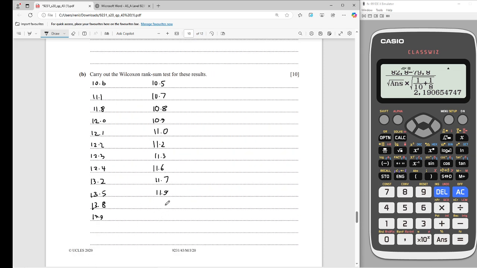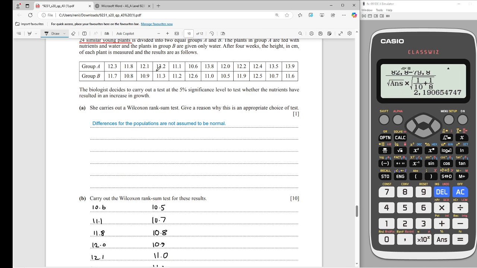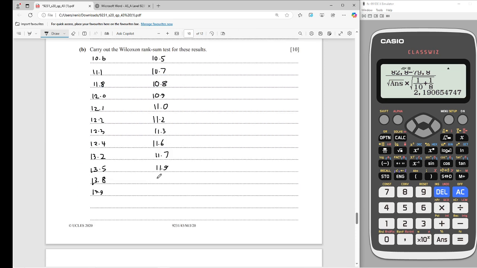So that means that we should have two more values remaining. It's going to be 12.5, 12.6, and this right here is our ascending order of ranks.